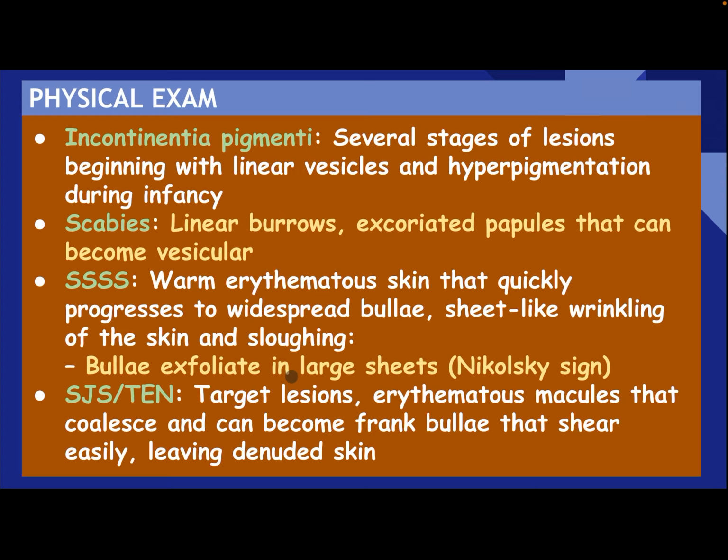Bullae exfoliate in large sheets, Nikolsky sign. Stevens-Johnson syndrome and toxic epidermal necrolysis: target lesions, erythematous macules that coalesce and can become frank bullae that shear easily, leaving denuded skin.